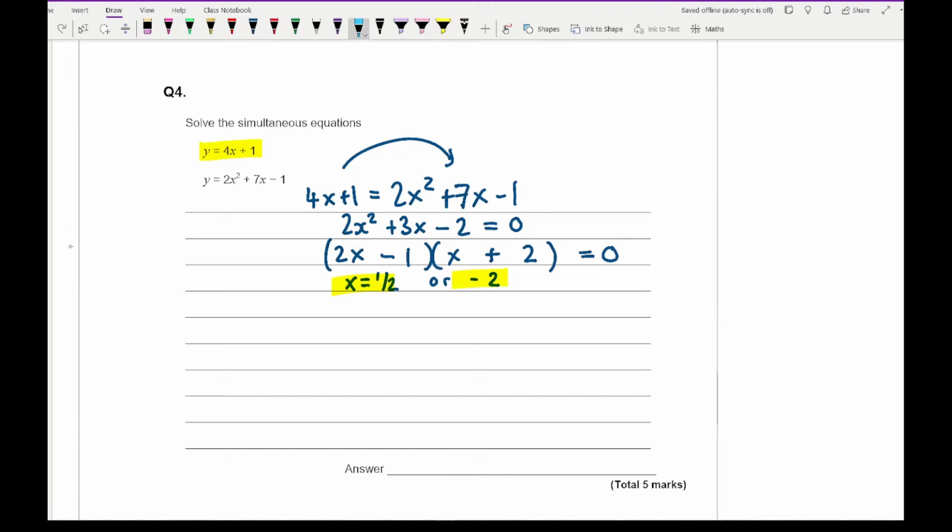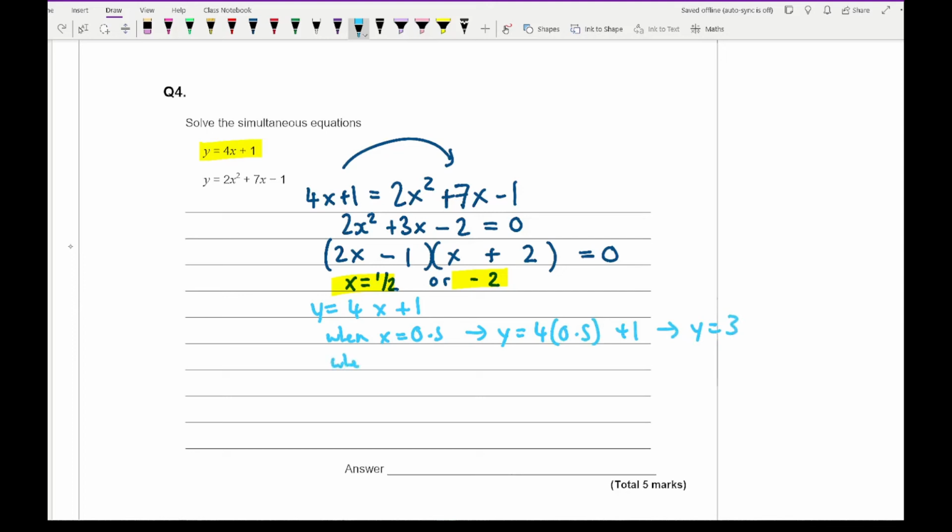And from this, we then need to use the linear equation of y equals 4x plus 1. So when x equals 0.5, we get y equals 4 lots of 0.5, which is 2, plus 1. So we get y equals 3.